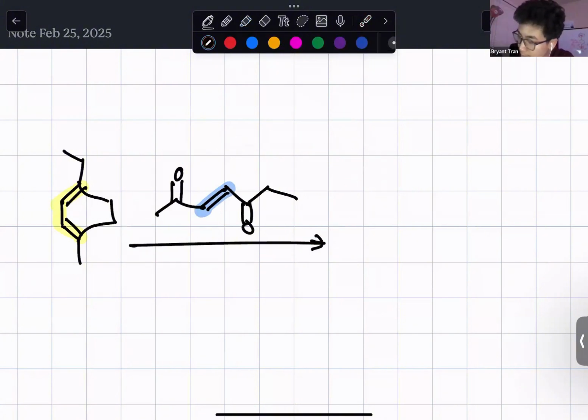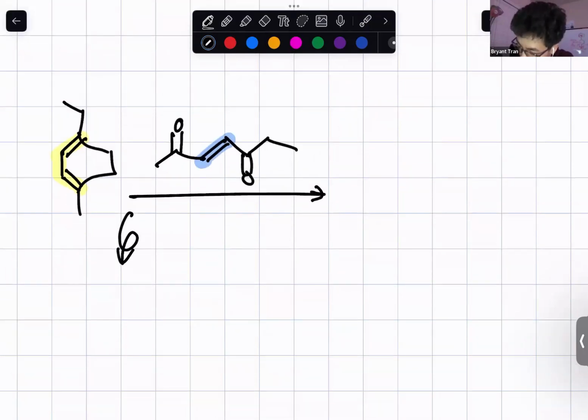So I'm gonna redraw this in the orientation where I'm used to seeing it, where the diene is in this form and the dienophile is in this form. So this is the yellow highlighted part, this is the blue highlighted part. Now everything else is going to be copy and paste like that.